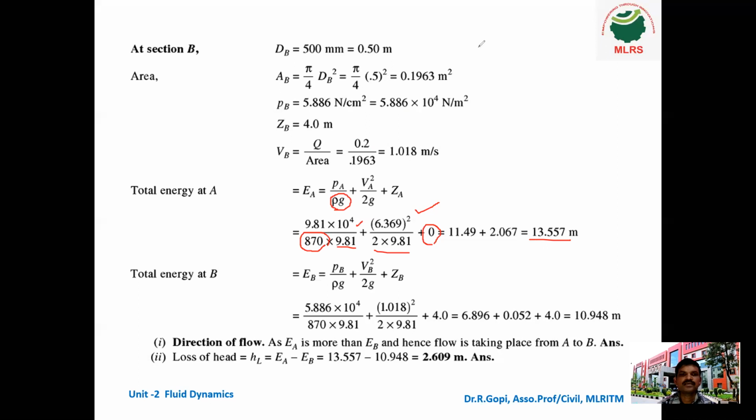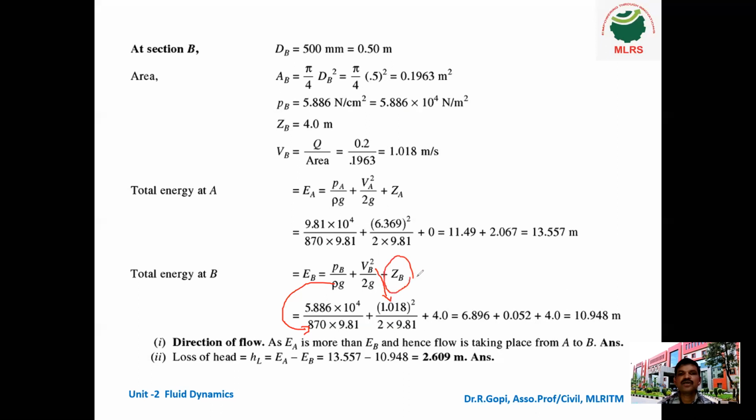Okay. So next, total energy at B is equal to PB divided by rho G plus VB square by 2G plus ZB. So substitute all the values. PB is equal to 5.886 into 10 power 4 divided by rho, what is rho? 870, and G is 9.81, plus VB is 1.018 square divided by 2G, plus ZB.